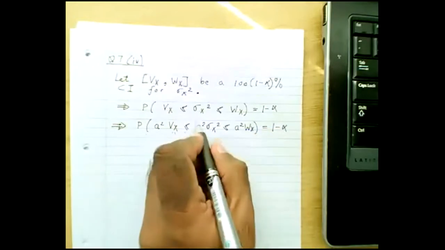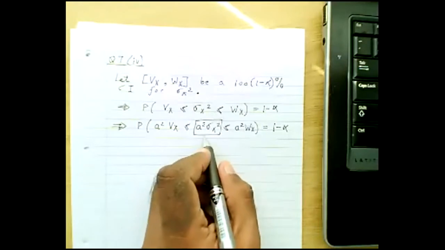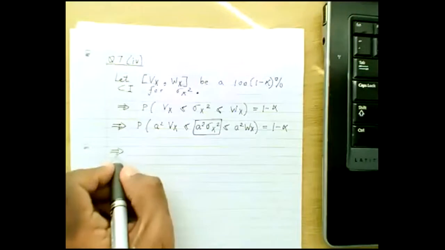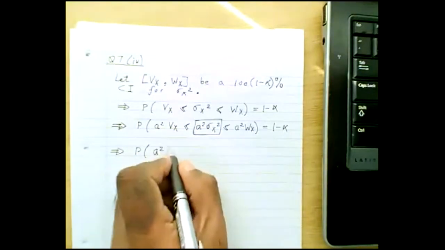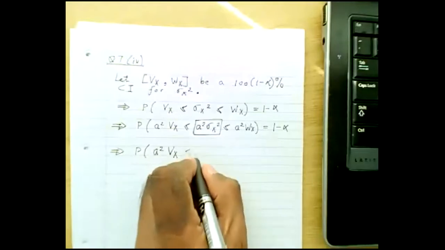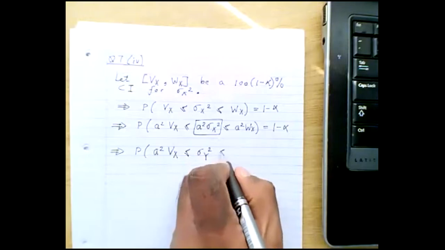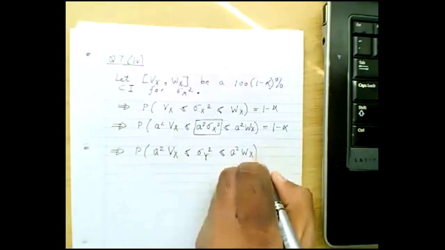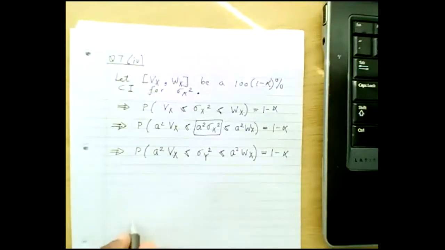Okay, now we know from the first part of this question that this guy here is the population variance for y, all right? Okay.